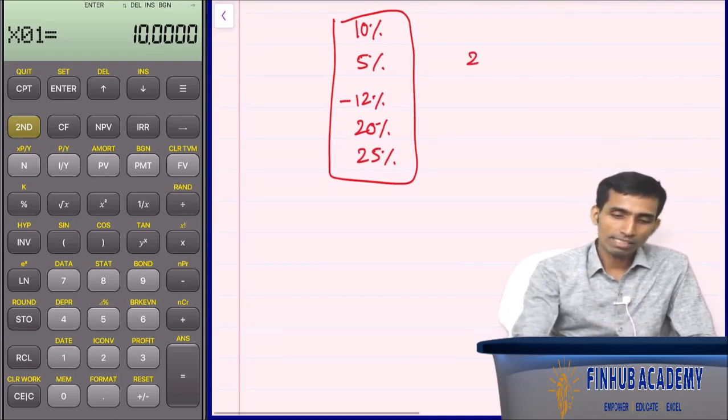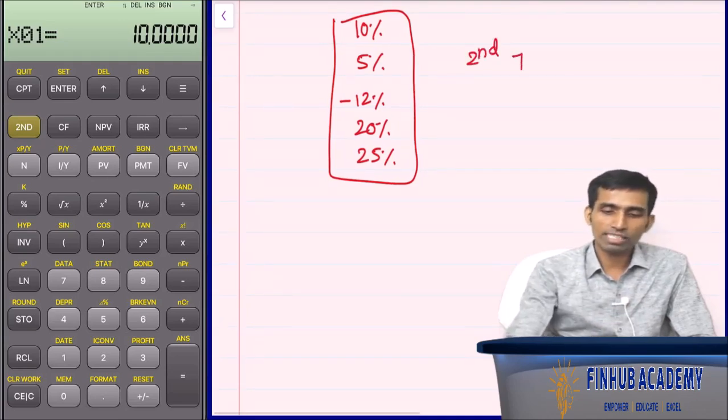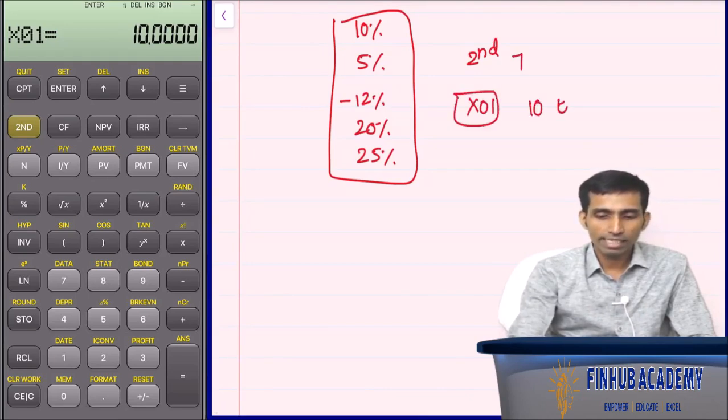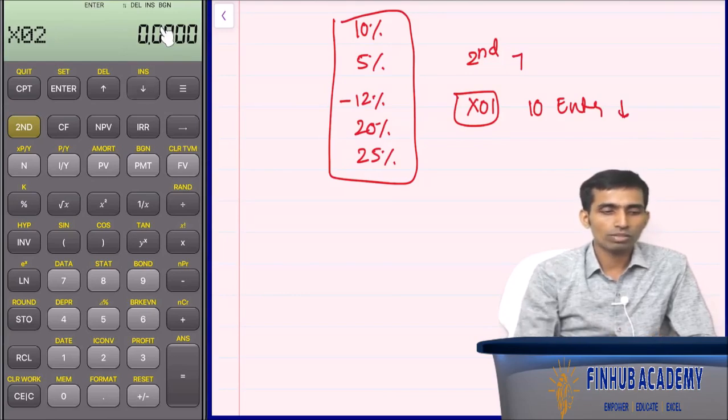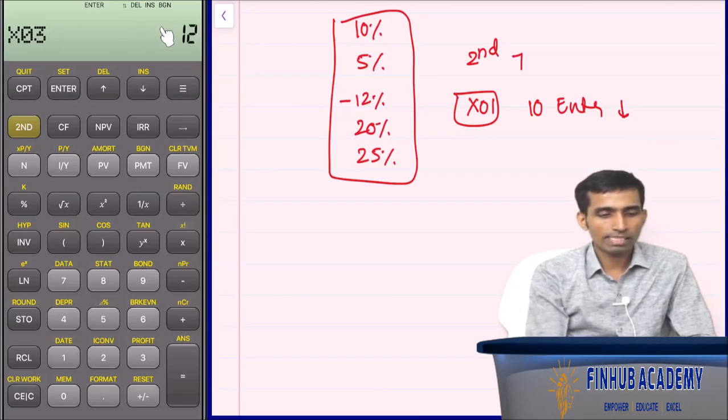Enter. Please you also do. Second, what I pressed, second 7. So I went into the data, X01. I pressed 10, enter. Then down arrow key, down, down. I will not feed anything in Y because I have only one series. X02, 5, enter, down, down. 12 plus-minus, enter.